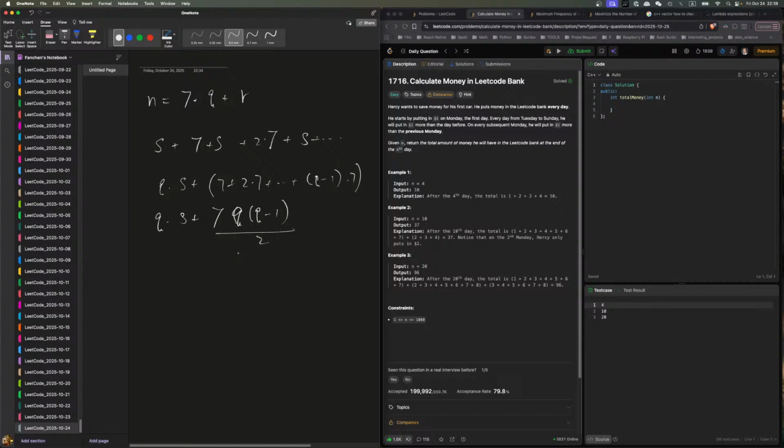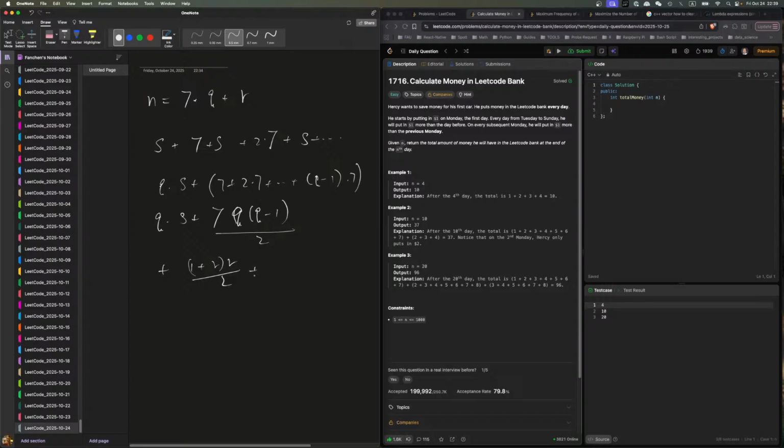So that's that. And then we have the plus r, the remainder. The remainder is r days, right? So it's 1 plus r times r divided by 2.